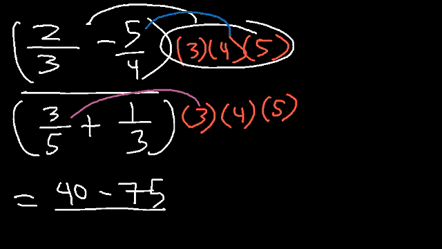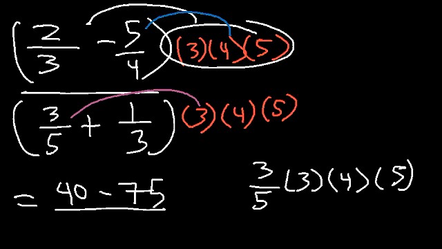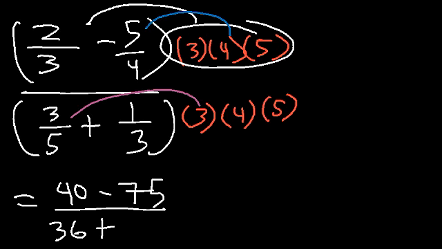Now let's do the same thing with 3 over 5. Notice that the 5's cancel. 3 times 3 is 9. 9 times 4 is 36. And for the last one, 1 over 3, the 3's will cancel. 4 times 5 is 20.